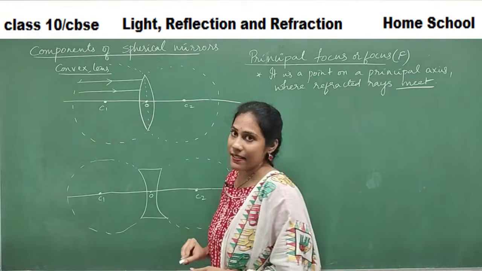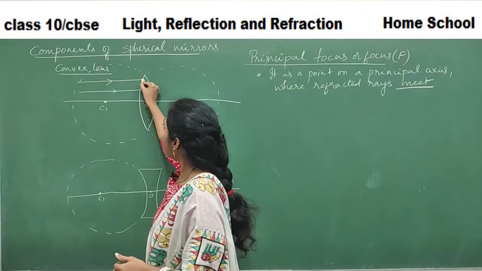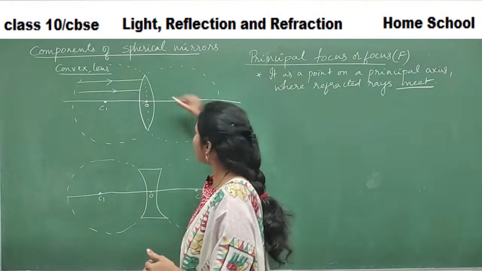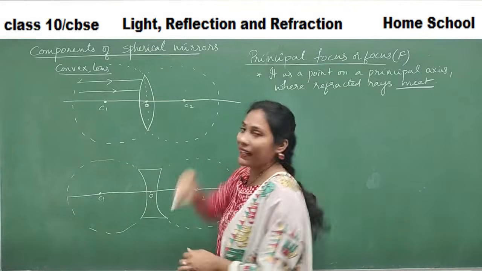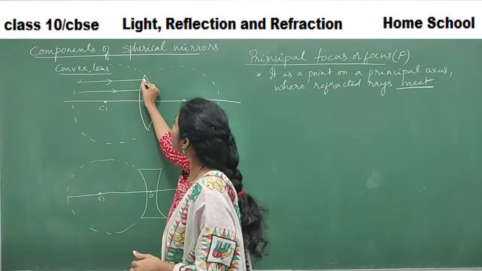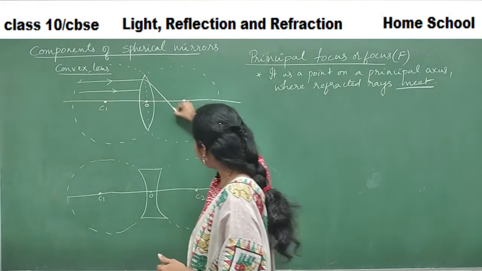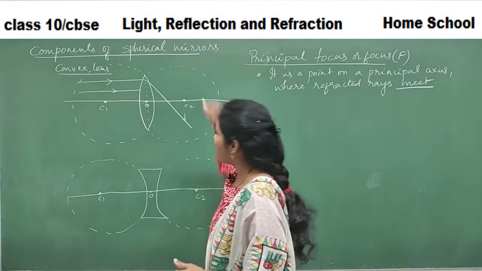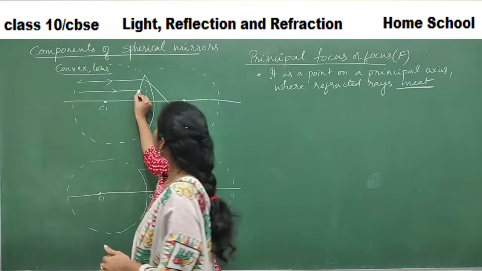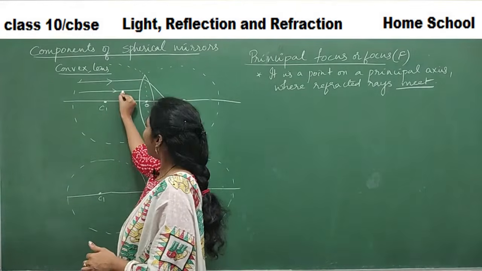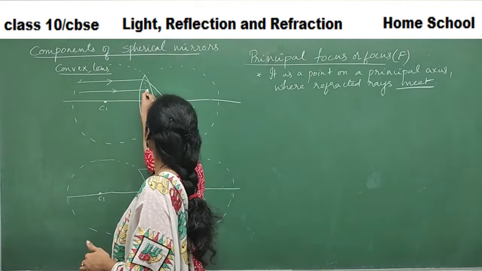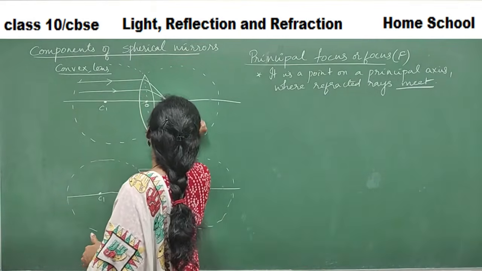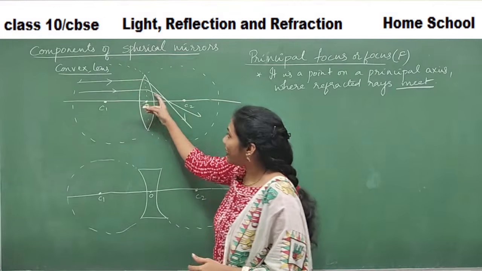So a ray is coming, and refraction means it goes through the lens and the light ray has to bend, right? It will go through the lens and bend in this way. In the same way, this second ray, which is parallel to the principal axis, also goes through the lens and bends.